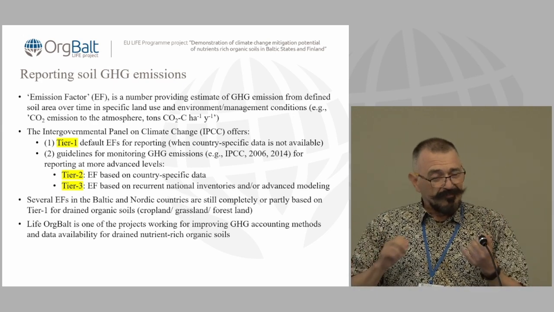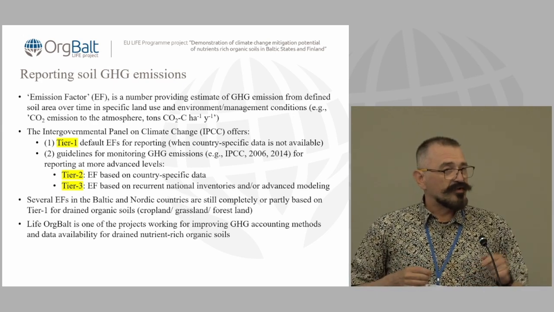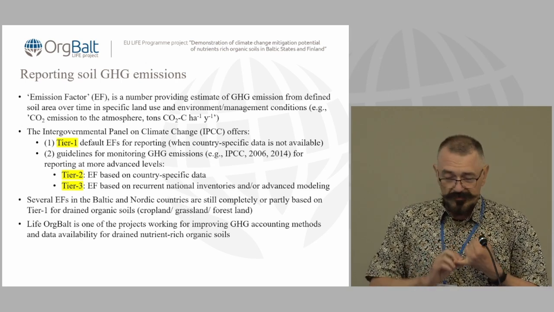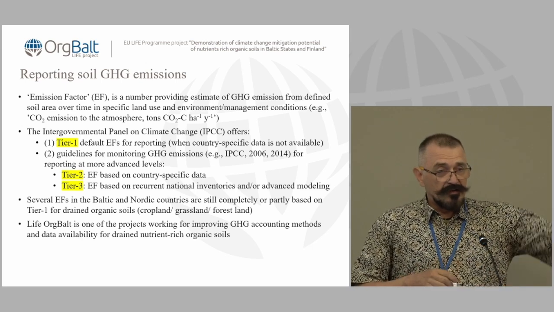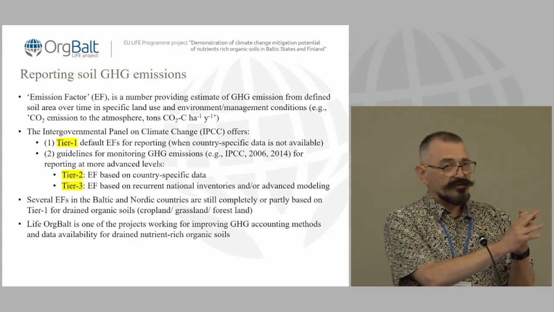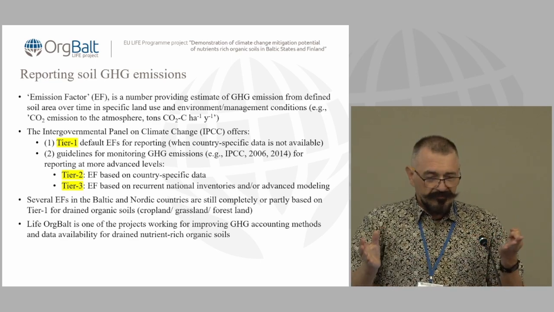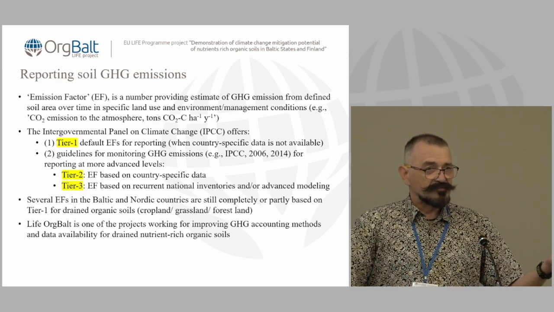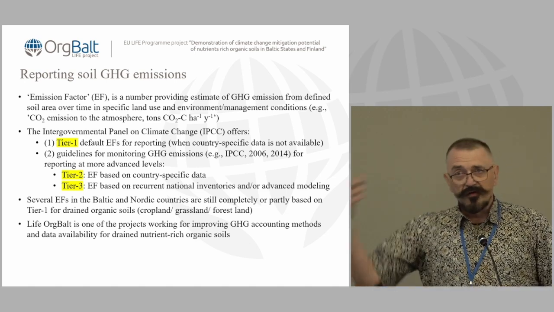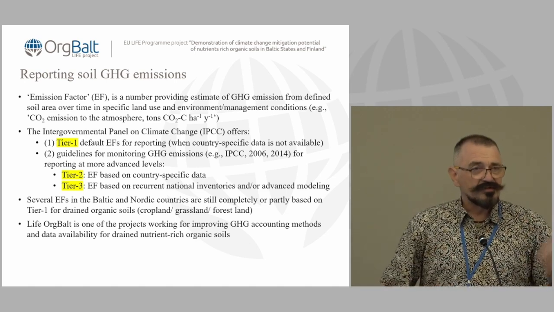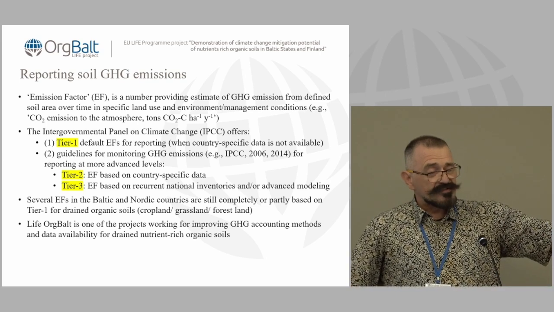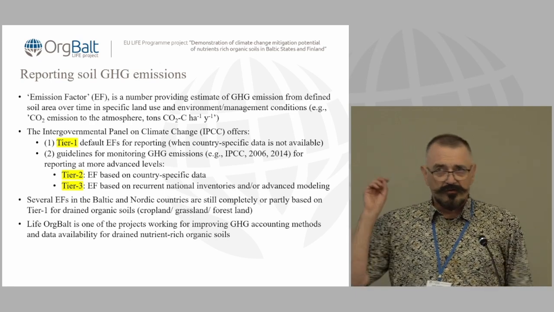Sometimes if we go out to the drained peatlands here, the few common denominators for the Tier 1 emission factors are okay: it's organic soil, this is a certain land use, and this is the climate area fitting to this condition. But everything else can differ: the soil type, water conditions, vegetation characteristics. Is it a forest? Is it deciduous trees or conifers?